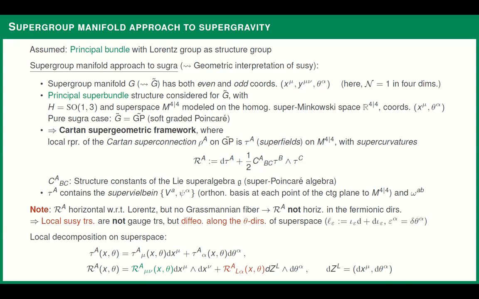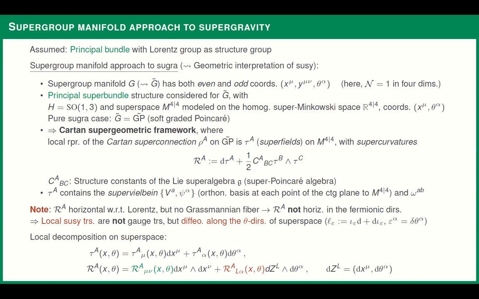In general, a superfield which depends on both x and theta can be written in this way, and the same we can do for the supercurvatures. So we can write an expansion along the different directions of superspace: the x, and then the x-theta, the theta-theta components.